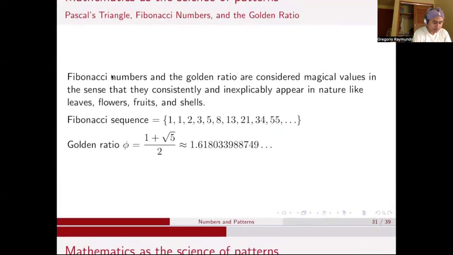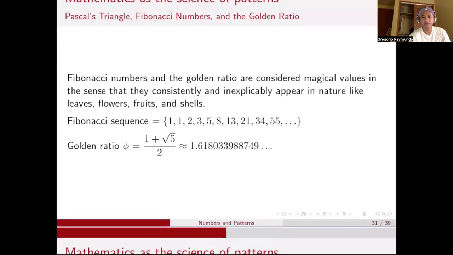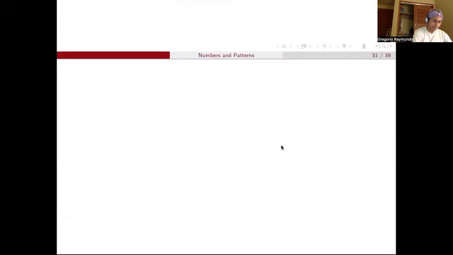Okay. So, ano yung isang idea dito ng golden ratio, Fibonacci numbers? So, saan siya lumalabas? So, kapag ginawa natin yung tinatawag na Pascal's triangle, you start with 1 sa taas.